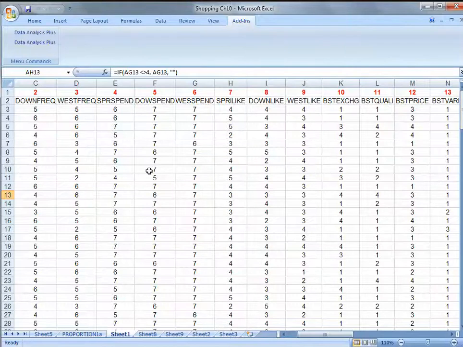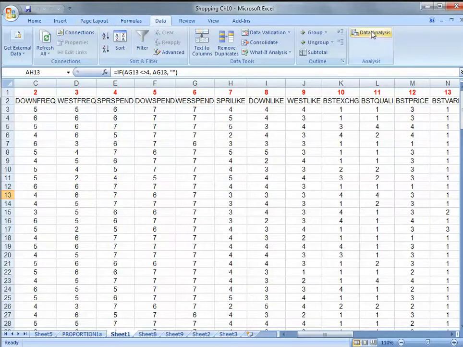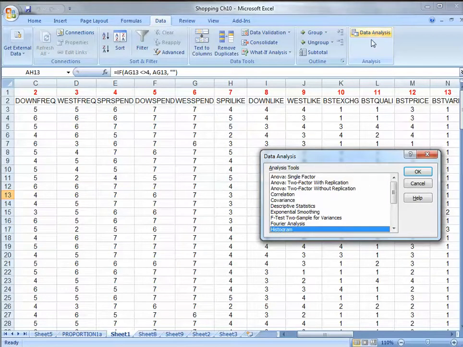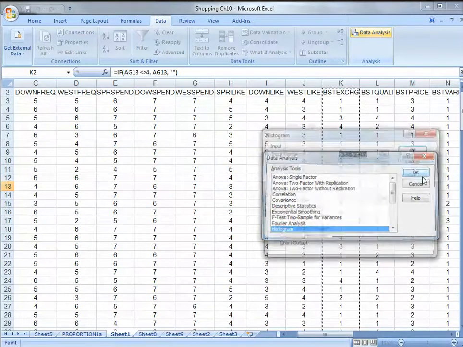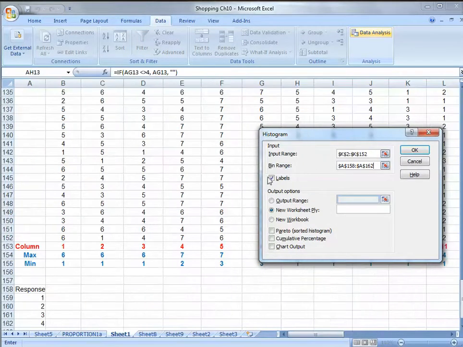What we need to do is dig way back into week 1, where we used our histogram to get our frequency distribution. We're going to do that again. This is in Excel's data analysis, and it's called histogram. And we say OK. Let's see, do I have a bin range?